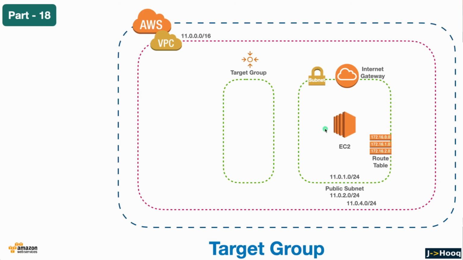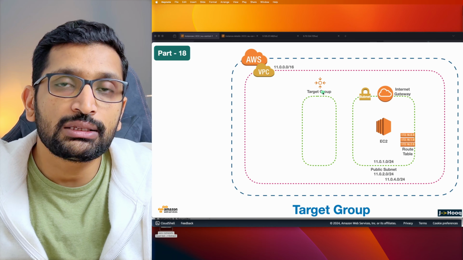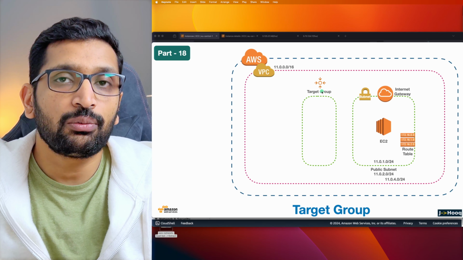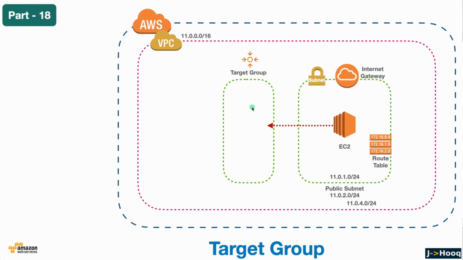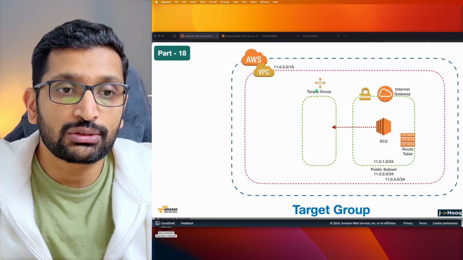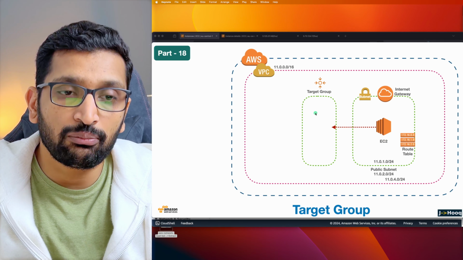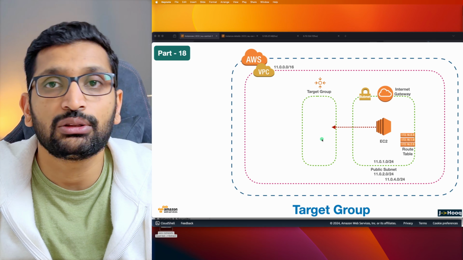This is our EC2 instance and everything is running, so now we need to create a target group. This target group is just a logical group where we will be mapping our EC2 instances. It will include EC2 instance 1 and EC2 instance 2, which we have created. So let's go ahead and create this target group and map those EC2 instances inside it.